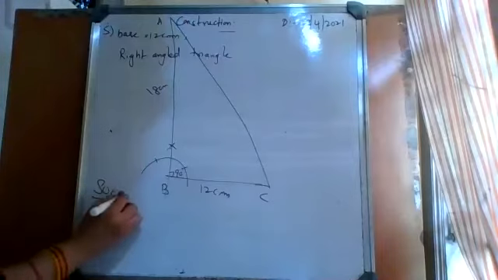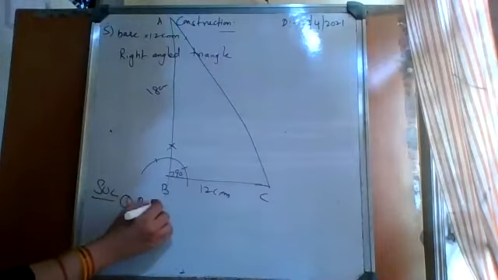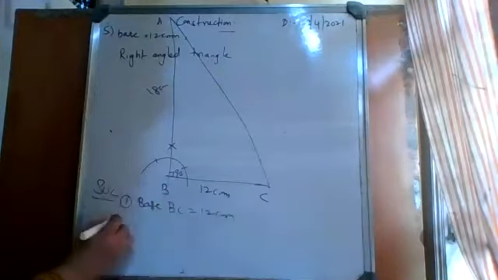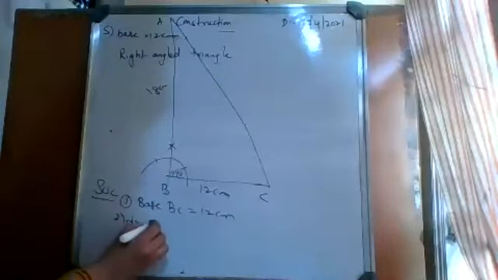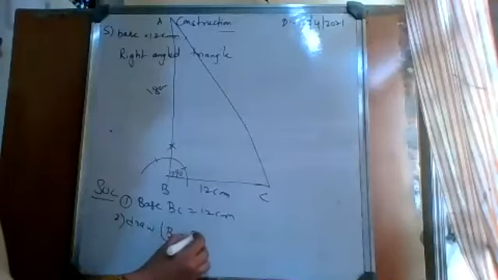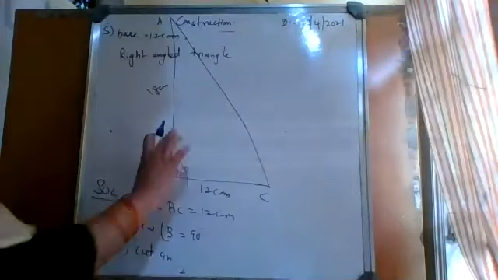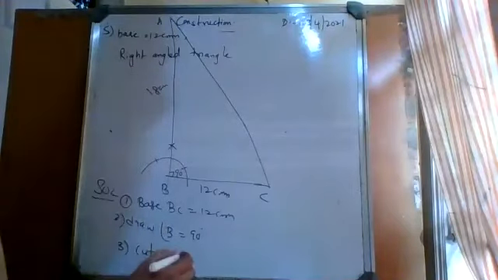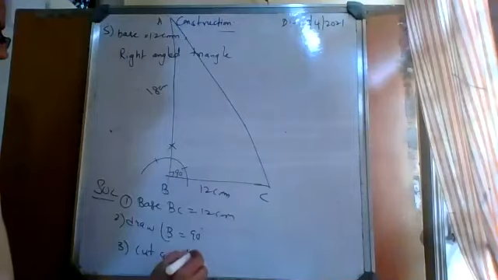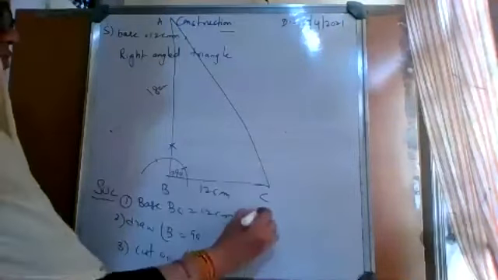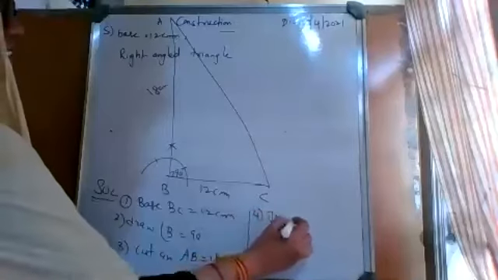Steps of construction. First step, draw base BC is equal to 12 centimeters. Then second, construct angle B is equal to 90 degrees. Next, cut an arc with the compass. AB is equal to 18 centimeters. Then fourth step, join AC.